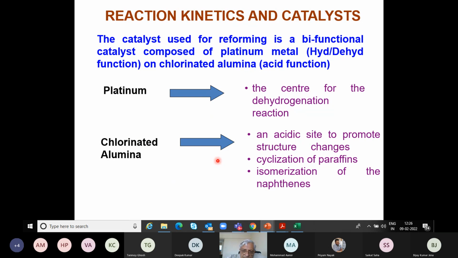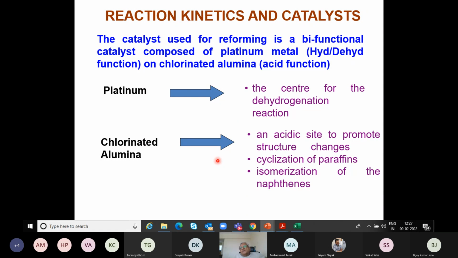So in UOP, when Vladimir started to develop this catalyst, he looked at two things. One is that he was looking around for a metal which can promote or reduce the energy of activation for dehydrogenating either a paraffin or naphthene to aromatics.